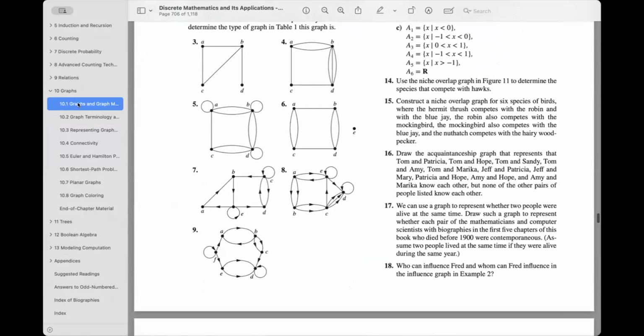So 7 has a loop at C and E. So even though at C and D you have one edge that goes this way and one edge that goes this way, this would still be a multigraph because you have a loop at C and a loop at E. Does that make sense?